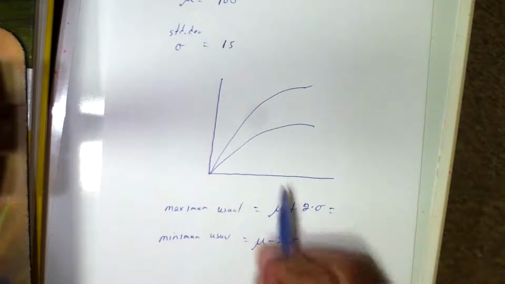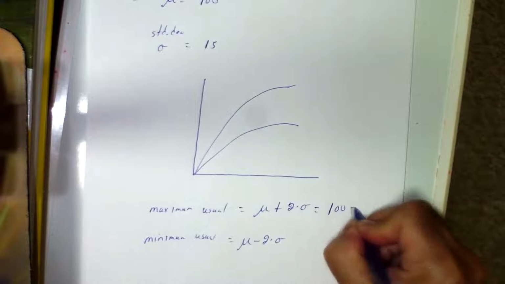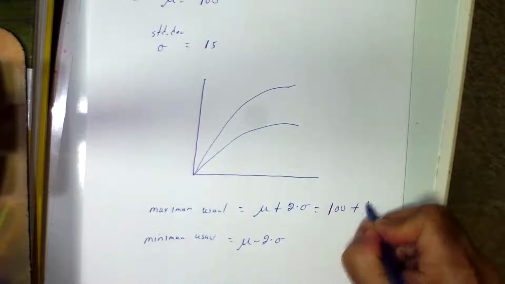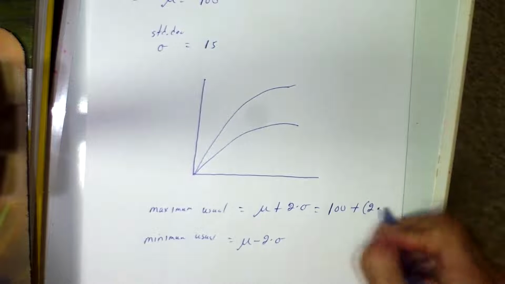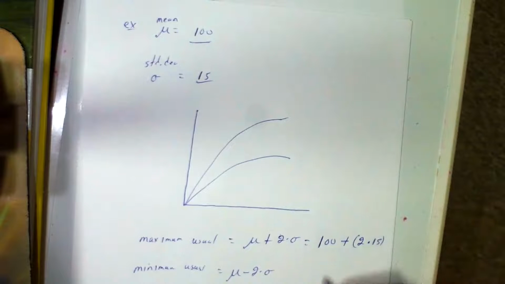So I know my mu is 100, so it would be 100 plus, I'm going to have to multiply 2 times my standard deviation, which is 15. Right, so I get 100 plus 30, so it's 130.